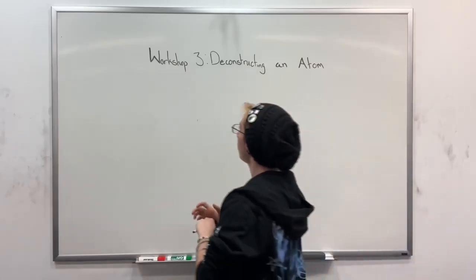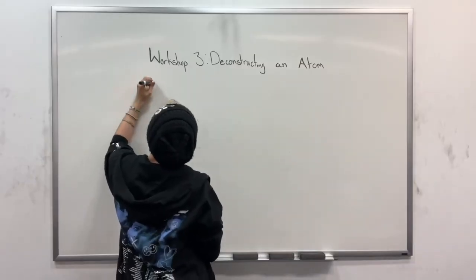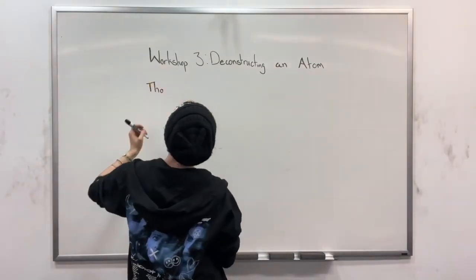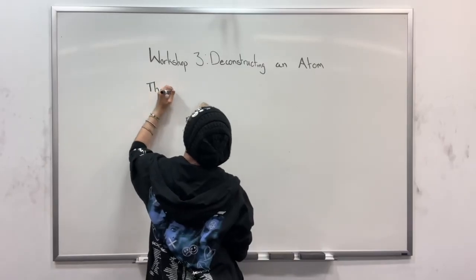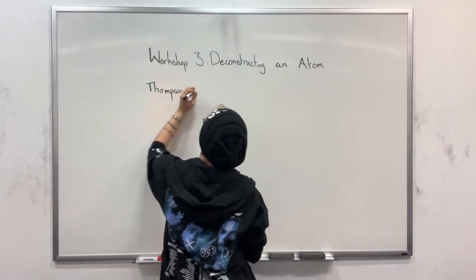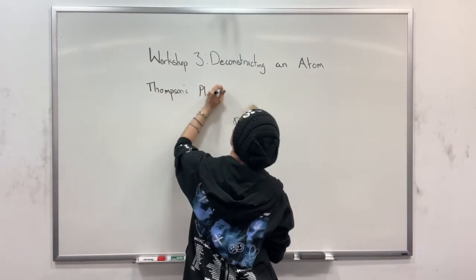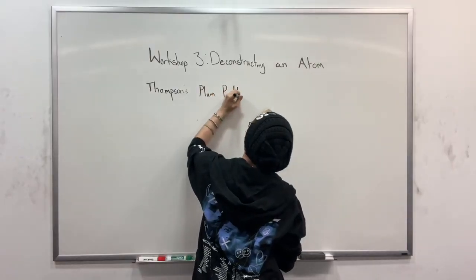And so one of the first theories of how an atom looks comes from Thomson, the plum pudding model.